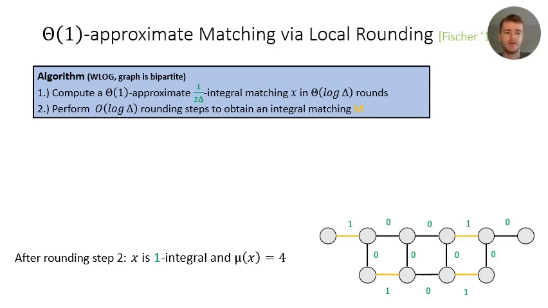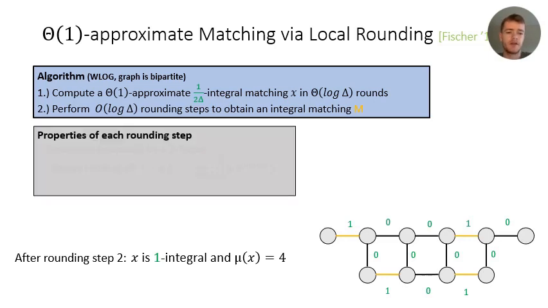Okay, so what do we want in each of these log delta rounding steps? First, each rounding step increases the integrality by a factor of 2. So we start with 1/2 delta, then we go to 1/delta, 2/delta, and so on. So after log delta rounding steps, we indeed obtain an integral matching.